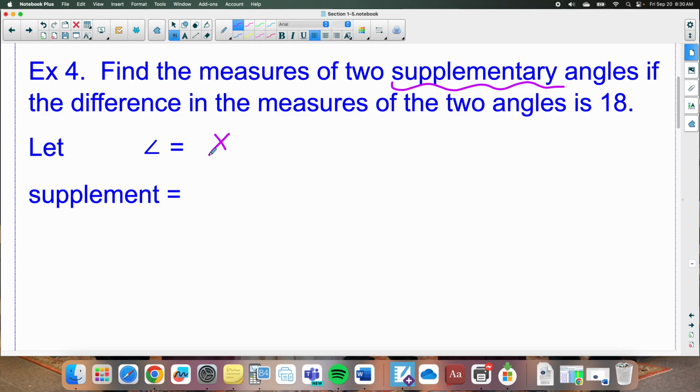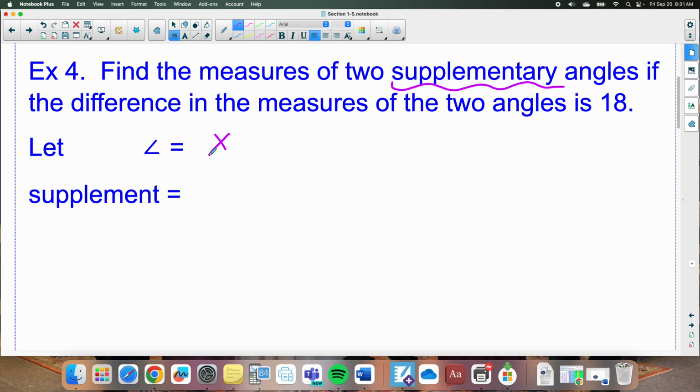So if I told you one of the angles is 100, could you easily figure out what the other one is, right? What would you subtract 100 from to figure out what it was? Wouldn't you go 180 minus 100, which is 80, correct? If I told you it was a 20-degree angle, you'd go 180 minus 20.